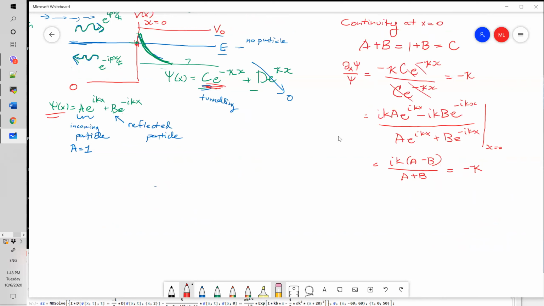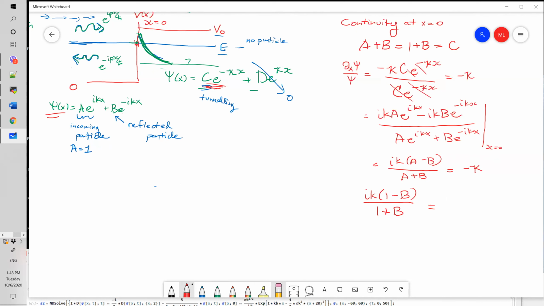So we're making some progress here. So let's see. Since a is equal to 1, then we know that ik (1 minus b) over (1 plus b). Well, no, let me just write down the two equations, right?